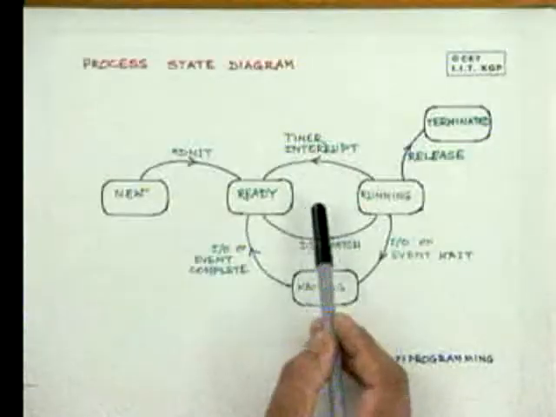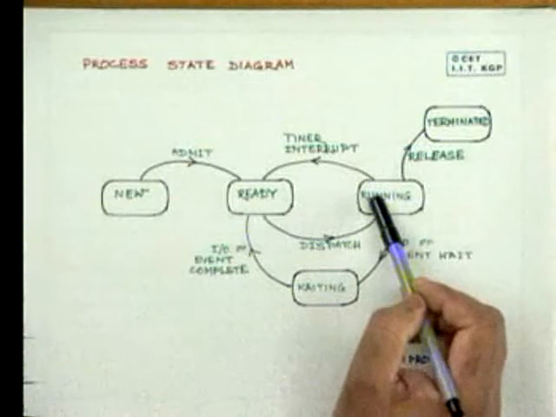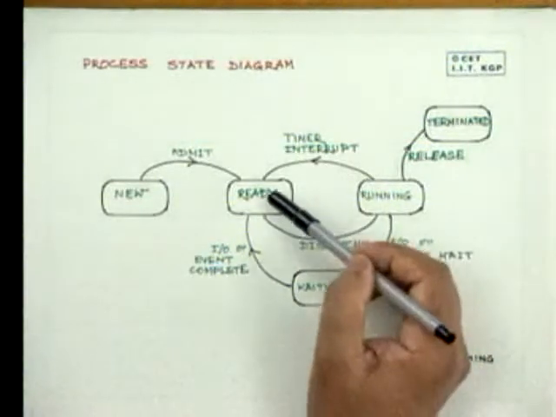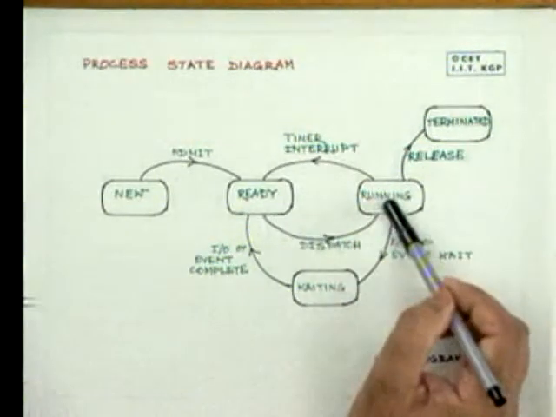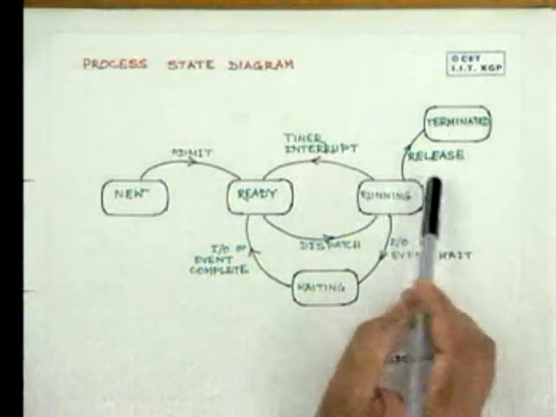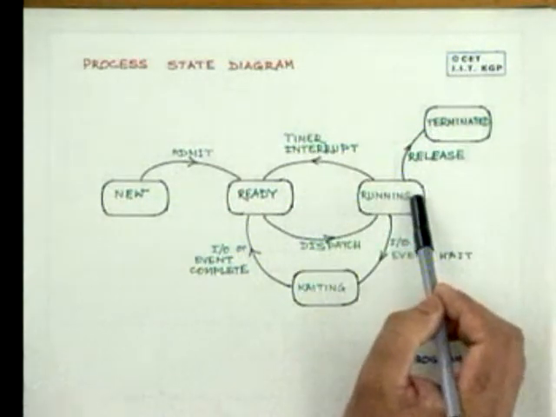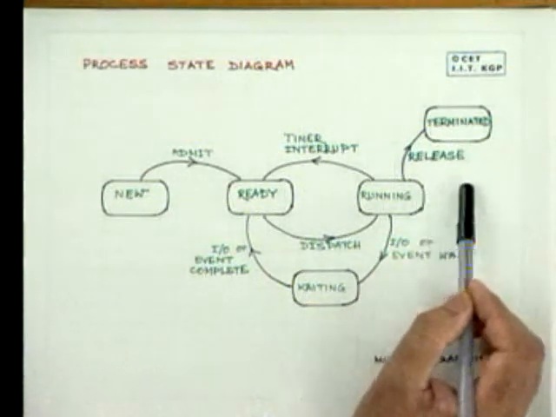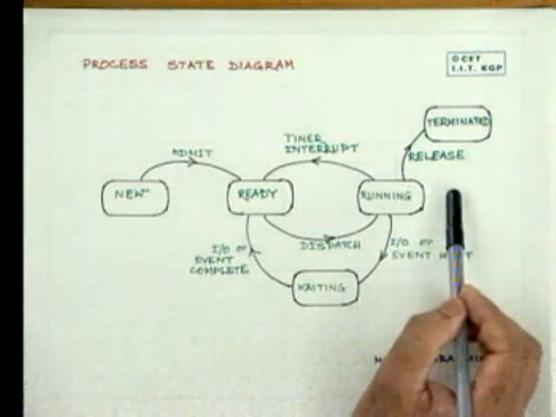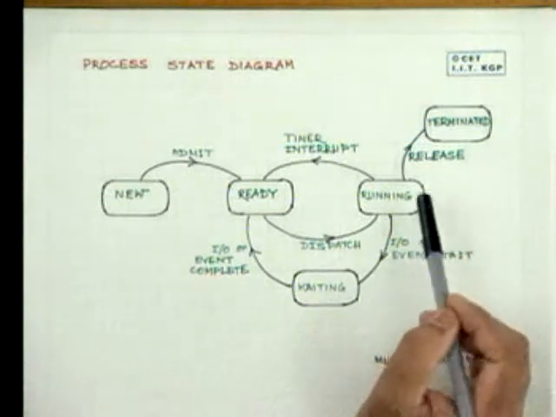In that case, all other processes will be waiting only. Therefore, in such a situation, what generally is done is that when the process is dispatched to the processor, a timer is set so that this process should run a maximum of, say, some milliseconds or some microseconds.